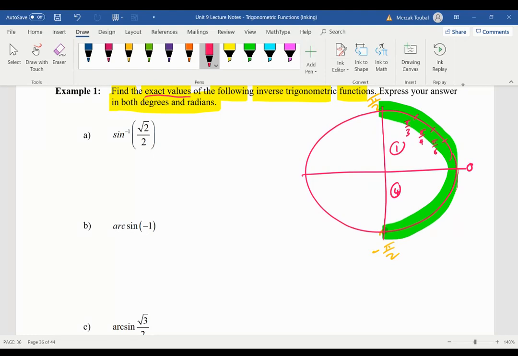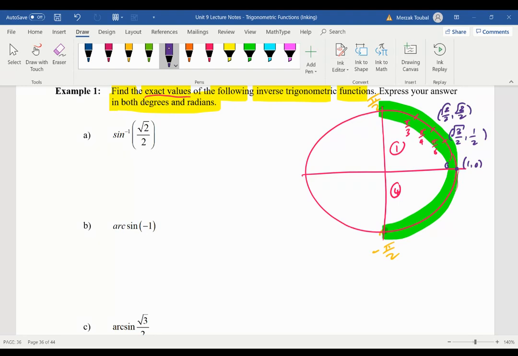What are the coordinates of these points? Well, this one here, let's put 0 angle over here. So this point over here, the x is 1, the y is 0. And this point here, the pi over 6, the x is root 3 over 2, comma 1 half. This one here, root 2 over 2 comma root 2 over 2.